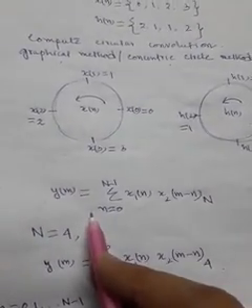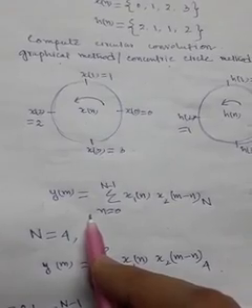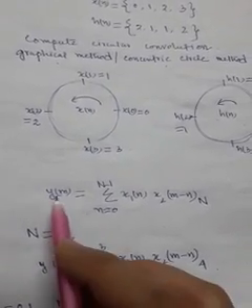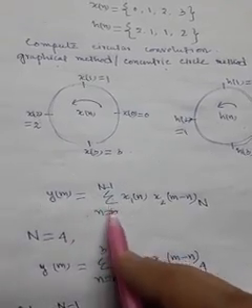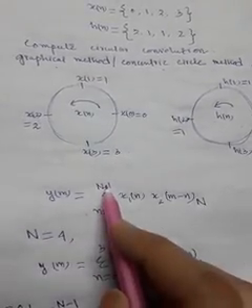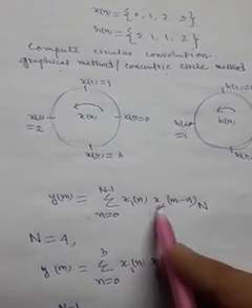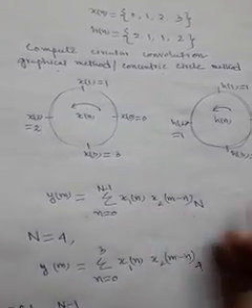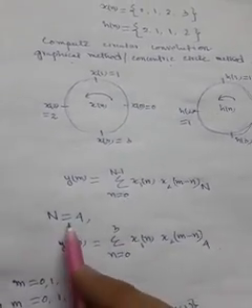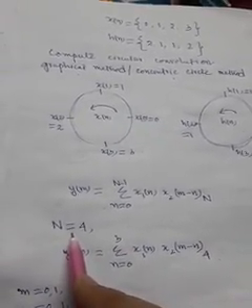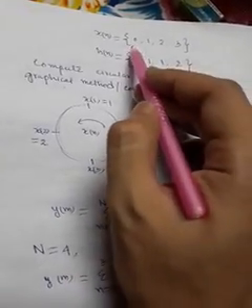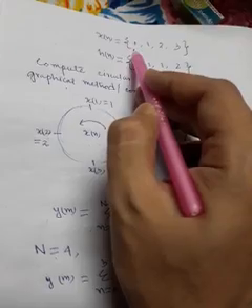Now this is the formula for computing the convolution: y(m) is equal to summation n equal to 0 to N minus 1, x1(n) into x2(m minus n). Here capital N is equal to 4 because there are 4 samples in each of the sequences.